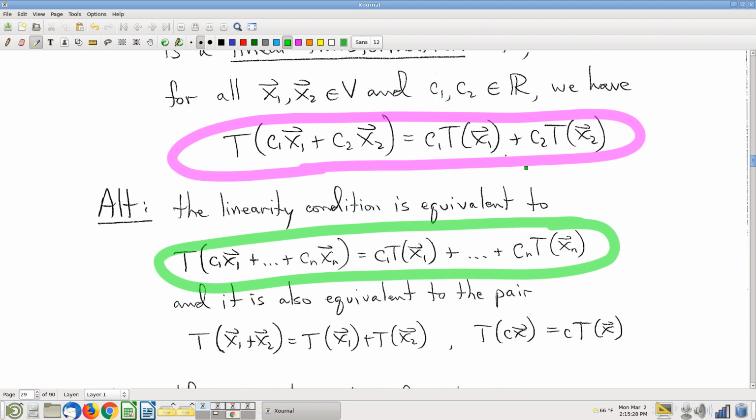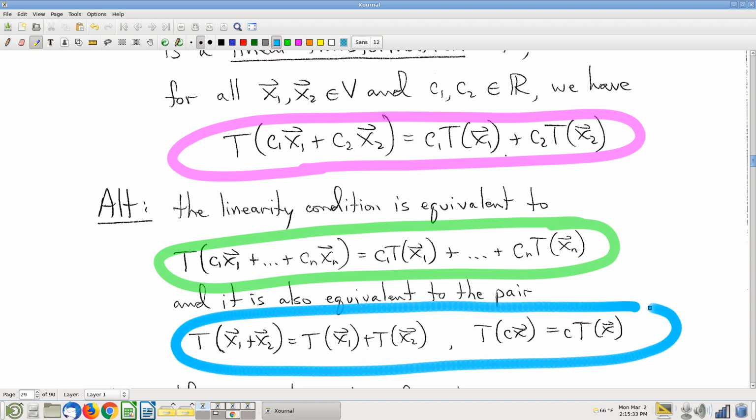And then another equivalent formulation. Some books will make this the definition. Adding inputs adds the outputs. Scaling input scales the outputs. Now, there's two conditions here. You have to make two separate requirements. That's clunkier in a way, but in some ways it also looks easier because here it's just addition. You add the inputs, you add the outputs.